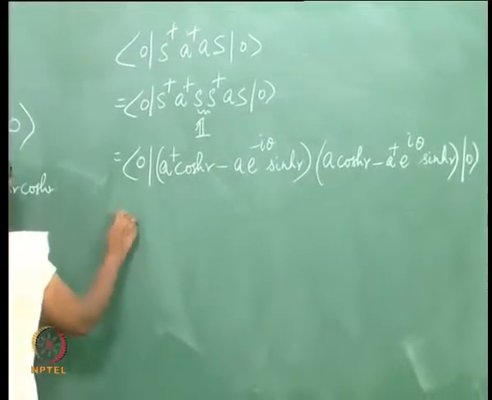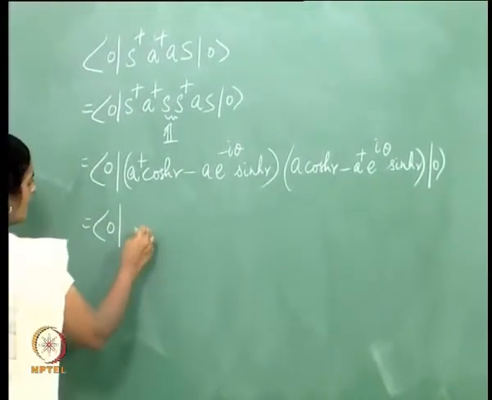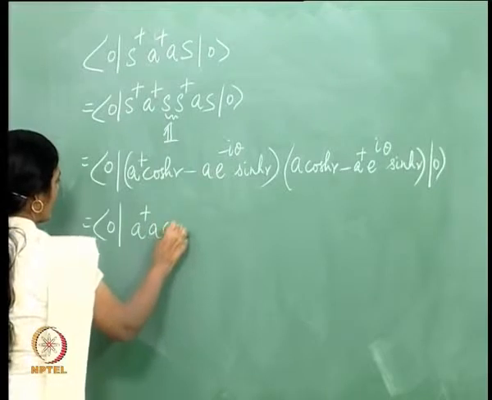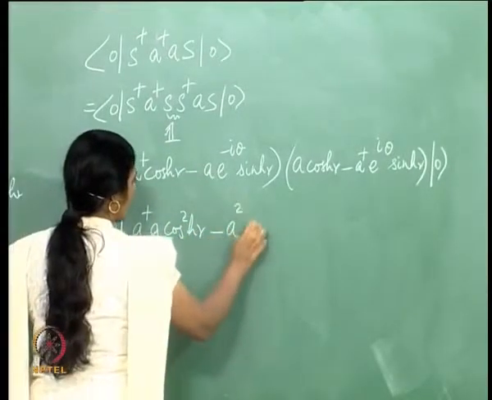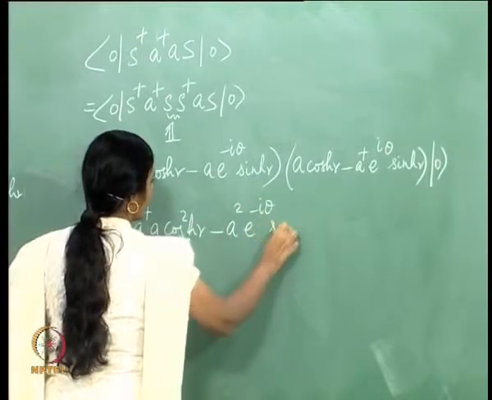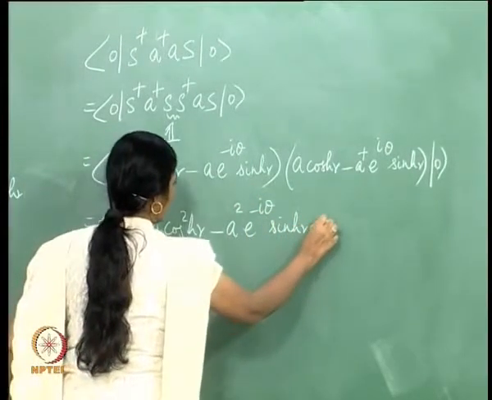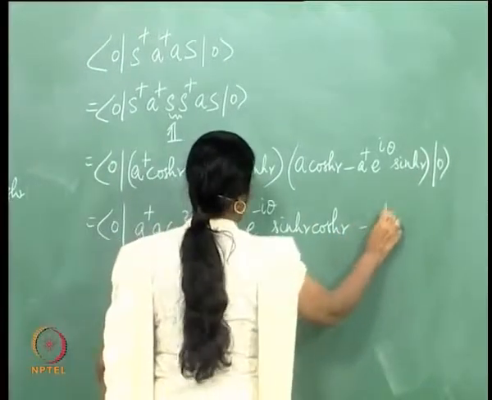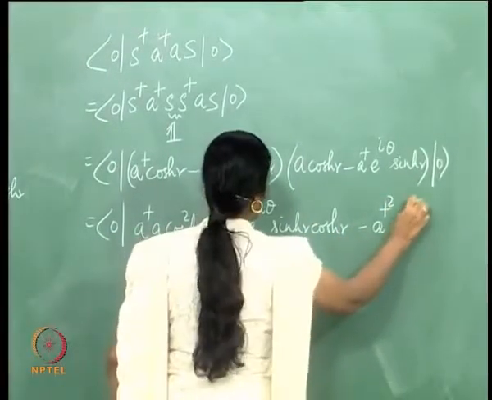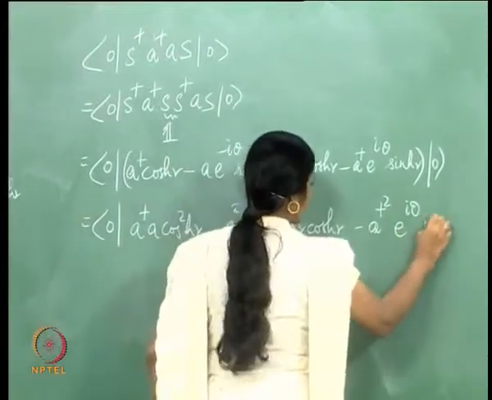Once more, I can expand the terms. The first term is A†A cosh² r. Then I have minus A² e^(−iθ) sinh r cosh r. Then I have minus A†² e^(iθ) sinh r cosh r.